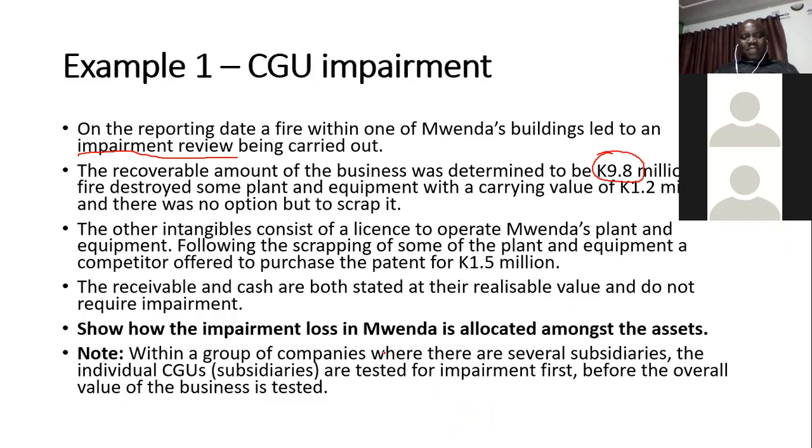Show how the impairment loss in Mwenda is allocated amongst the assets, not within a group of companies where there are several subsidiaries. The individual CGUs are tested for impairment before the overall value of the business is tested.